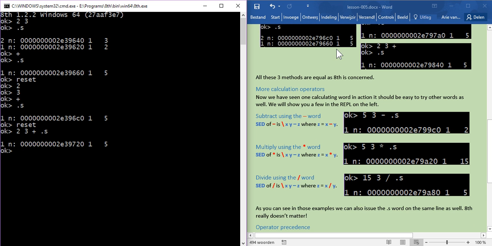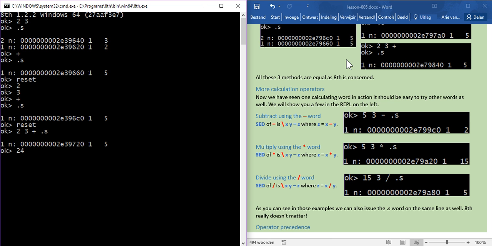Of course there are more calculation operators. So for example the minus. I'll show you an example of minus. In the previous examples I used reset to clear the stack in between, but that's not really needed. I'll show you. We're now going to subtract 20 from 24.